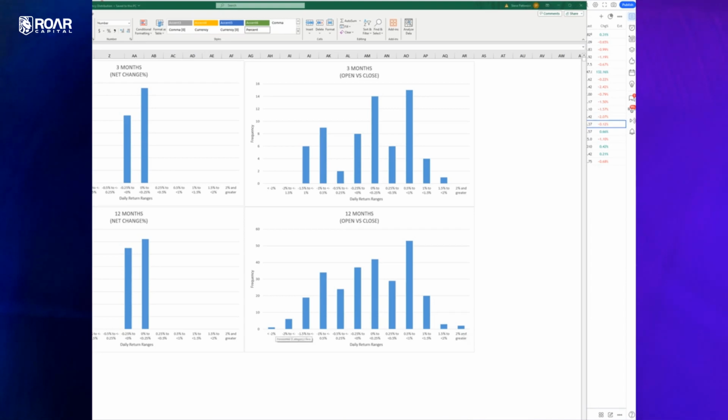And you can see here one time where it went more than negative 2%. But usually you'll have this type of bell curve. One thing you should notice is that the market, for the vast majority of time, stays between 0.5% higher and 0.5% lower.